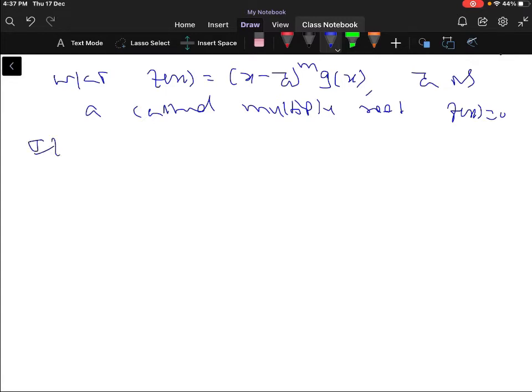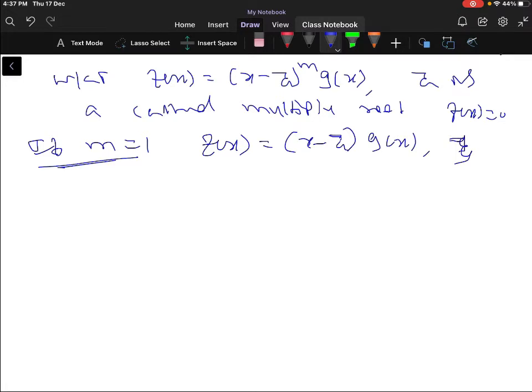Suppose if m is equal to 1, f of x becomes (x minus xi) into g of x.